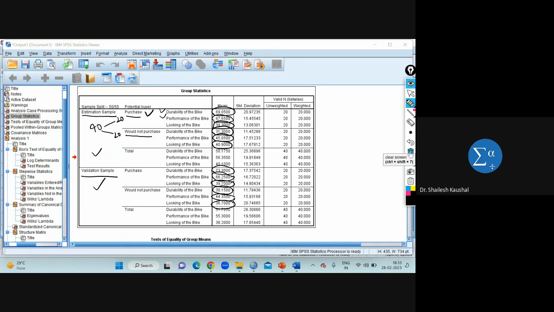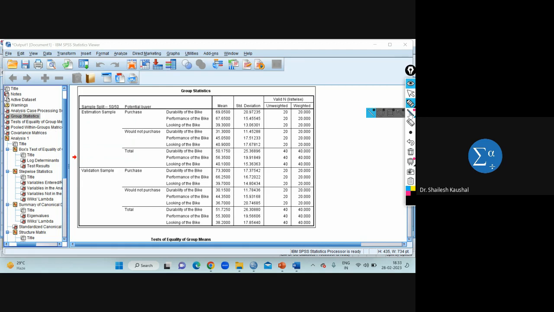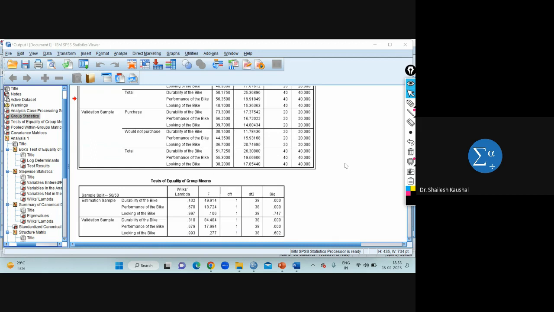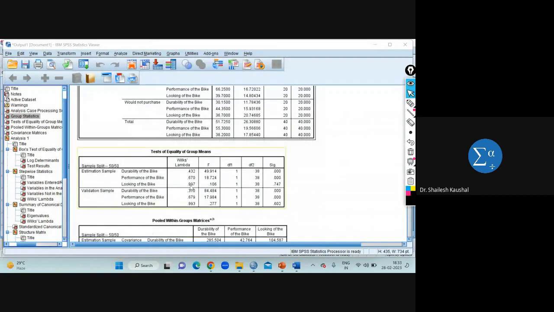Now after that, I come to the second table. Now you can see the test of equality of group means.